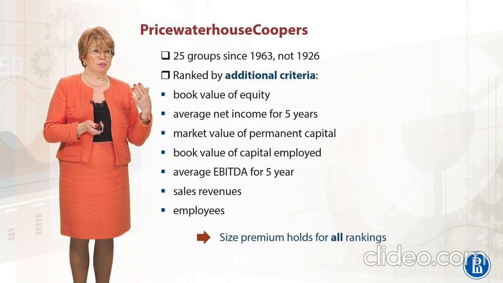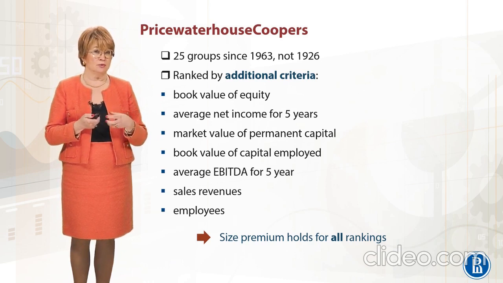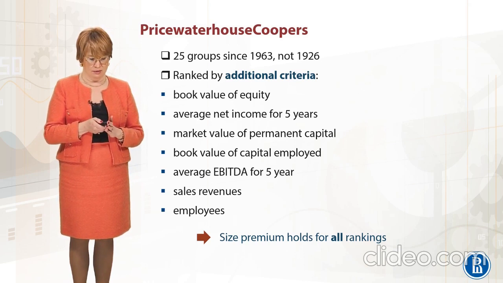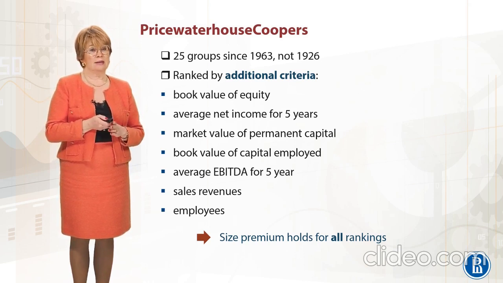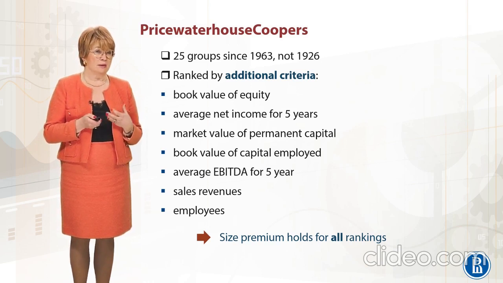By the sales revenue, by the number of employees. So they apply different criteria to express the size of the company, not only market cap, as Ibbotson Associates does. And they are trying to study the size premiums for different rankings built by these different additional criteria.